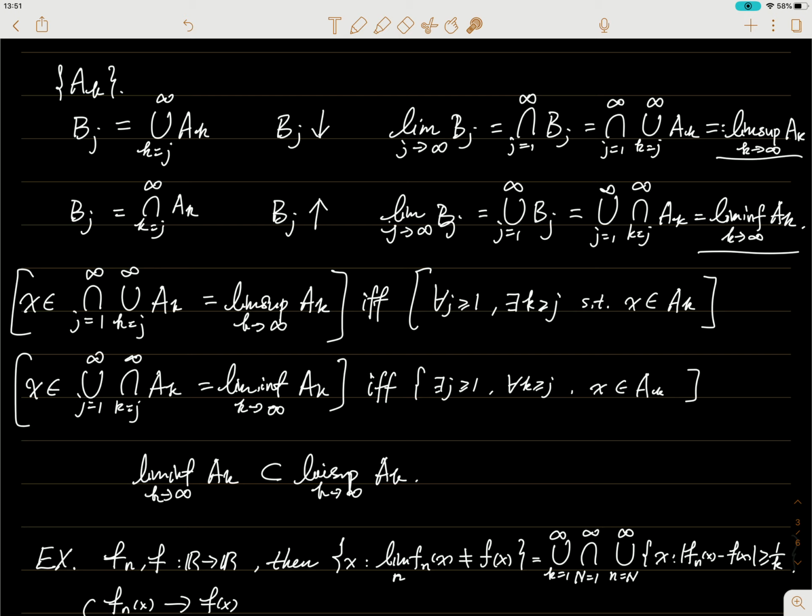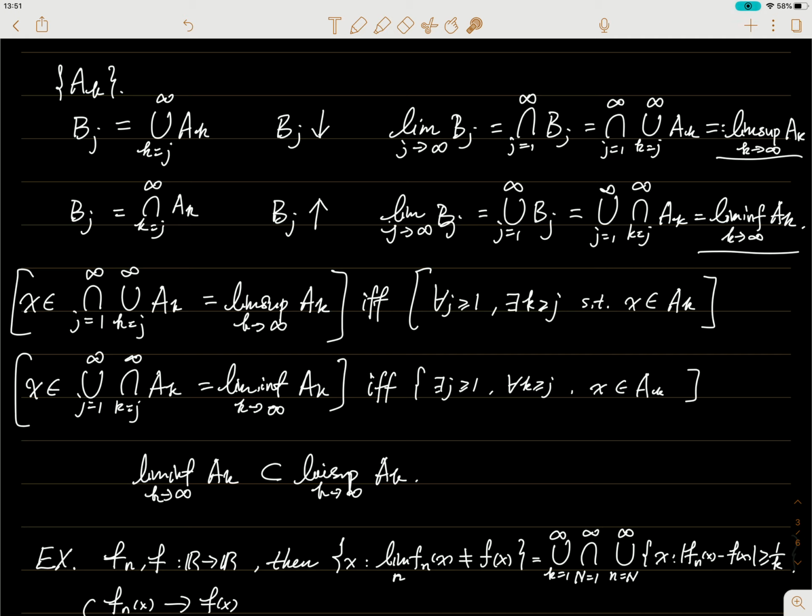And similarly, you can define the lower limit. In this case, we define B_j as the intersection of A_k, where again k runs from j to infinity. So it's just the intersection of A_j, A_{j+1}, A_{j+2}, and so on.